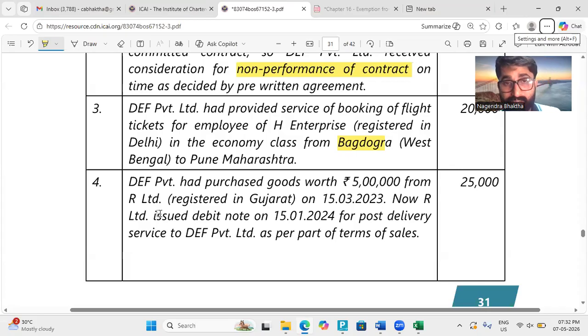On debit note, can I take ITC? Yes. So DEF Private Limited had purchased goods worth 5 lakh from R Limited. Now R Limited has issued debit note in the month of January. So we are actually in the month of January here. See, when the goods was purchased, 15th of March 2023.